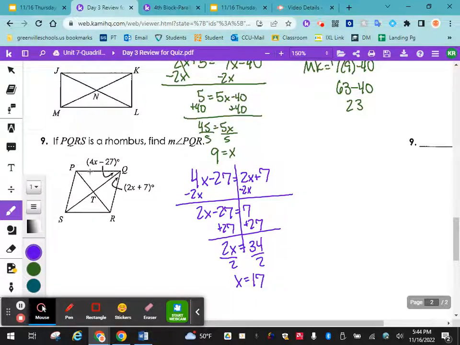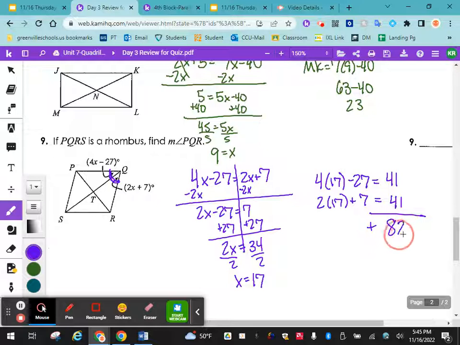Now we're looking for P to Q to R. So we want to know the whole angle. So if we plug it into one of them, or both of them, doesn't really matter, you'll get 41 both times because they're equal. And so the whole angle together is 82 degrees. Or you could have just found one and doubled it.